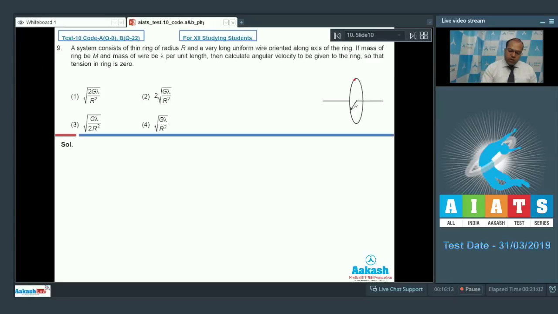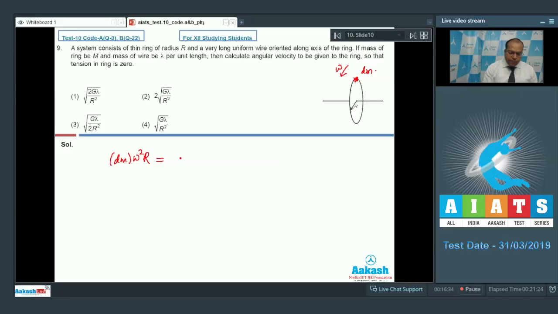Let me consider a small section, the mass of this section is dm, and let the angular velocity provided to the ring be omega. So the required centripetal force is dm into omega square into r, and this must be provided by the gravitational force.